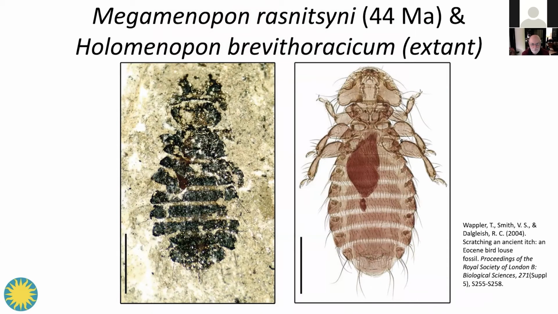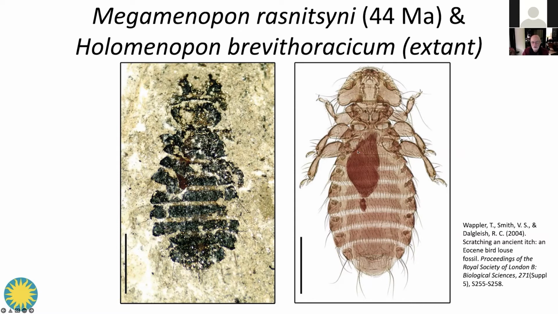This is another example, even older. This is a louse on the left, a fossil louse. It's not even in amber, it's a compression fossil. And if you follow my cursor here, right over here, you see this little red portion of this fossil. Well, the scientists compared the fossil louse to a louse that lives today, and the living lice have a stomach like this.